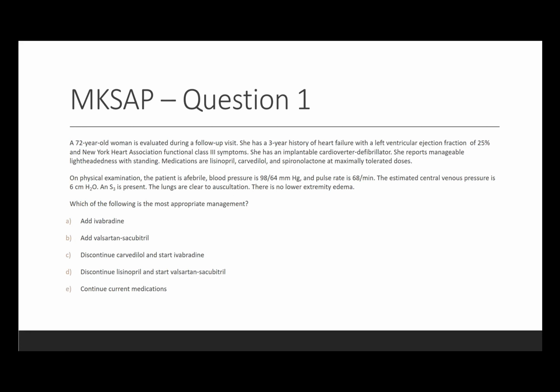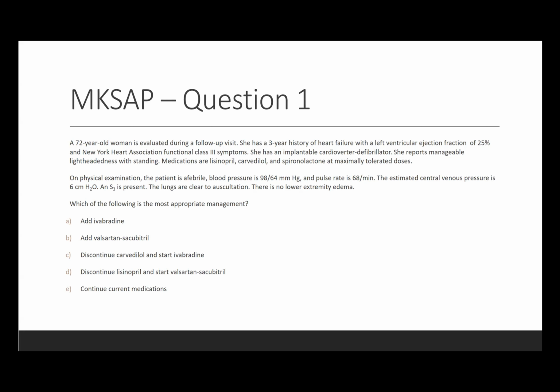Okay, so we have a 72-year-old female evaluated during a follow-up visit. She has a 3-year history of heart failure with a left ventricular ejection fraction of 25%, in NYHA class 3 symptoms. She has an ICD, and reports manageable lightheadedness with standing.